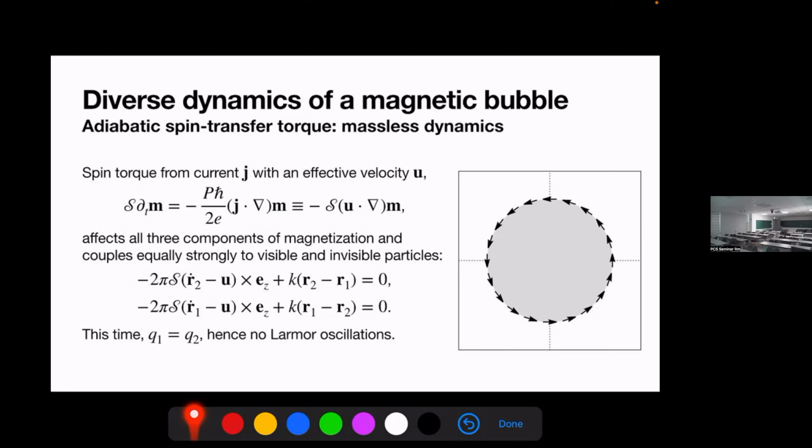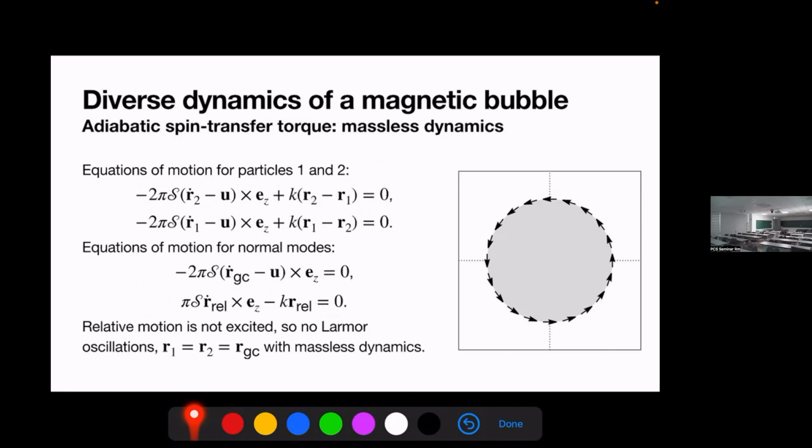And so that will be sort of the coupling to the electric field or potential force. And you can see that both particles couple equally. So the charges are equal, and therefore relative motion will not couple to the external force, in this case, the spin transfer torque. And so there will be no Larmor oscillations, and the response to the electric current, more precisely to spin torque from it, will be massless. There will be no Larmor oscillations.